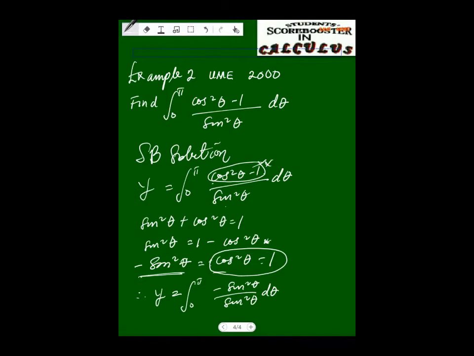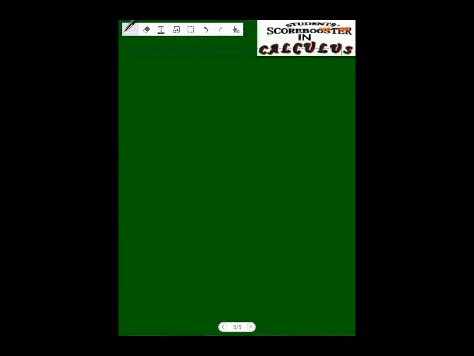You can see our life is now very simple. So sine squared theta cancels sine squared theta, we're going to have 1. The meaning is that y is equal to the integral from 0 to pi of minus 1 d theta.